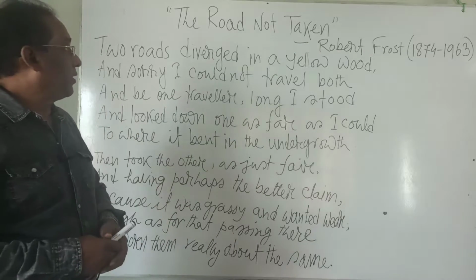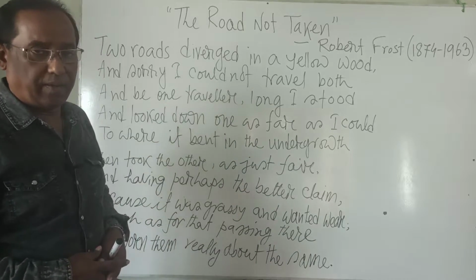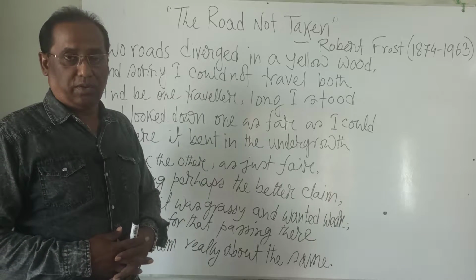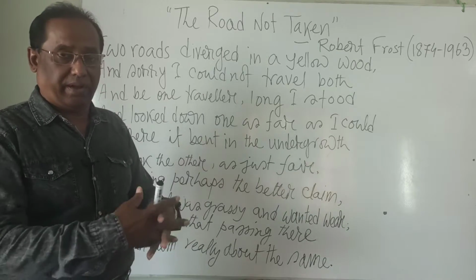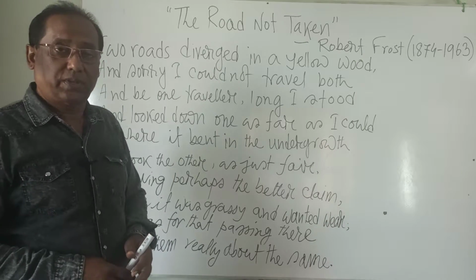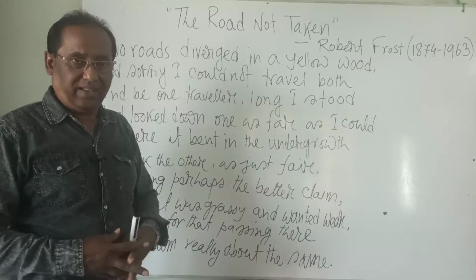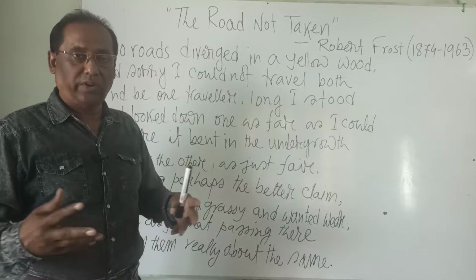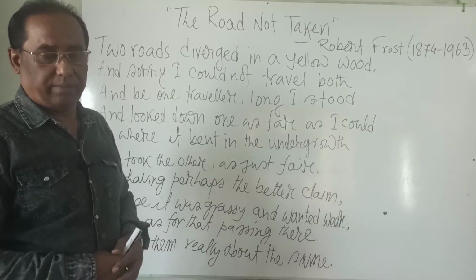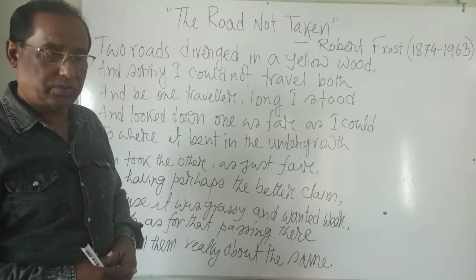You know that The Road Not Taken is regarded as one of the finest and most popular poems in American literature. This poem consists of 4 stanzas. Each stanza contains 5 lines. So, altogether, the poem contains 20 lines.